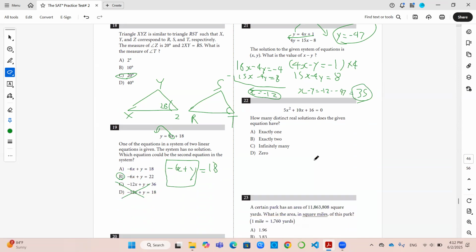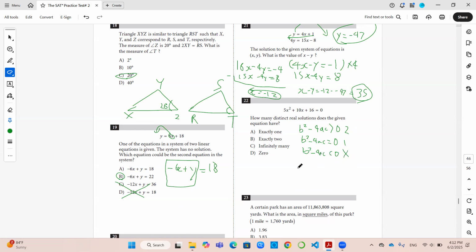How many distinct real solutions does the given equation have? Please remember this. If b squared minus 4ac is greater than 0, we have 2. If b squared minus 4ac is equal to 0, we have 1. And if b squared minus 4ac is less than 0, then we have no real solutions.